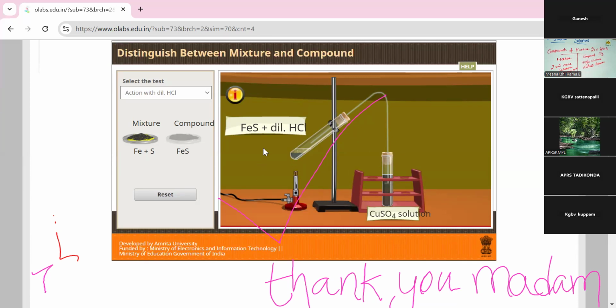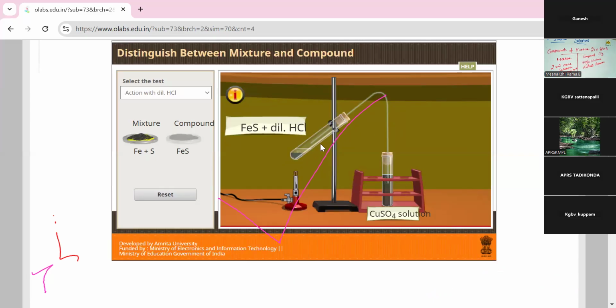With the help of this part, we can identify the mixture and then the compound. There is no change. When I take a matchstick near the test tube after the confirmation test, the flame immediately goes off.